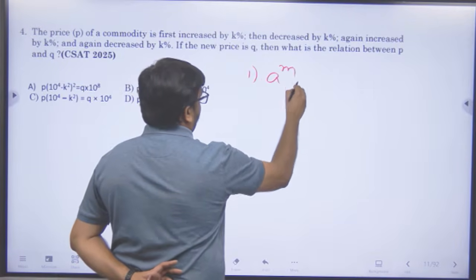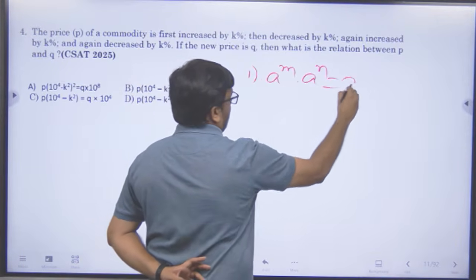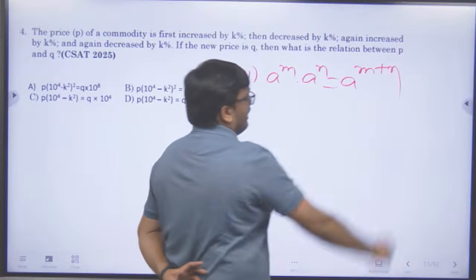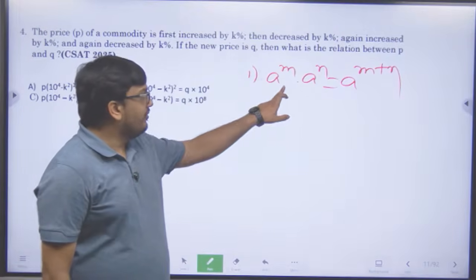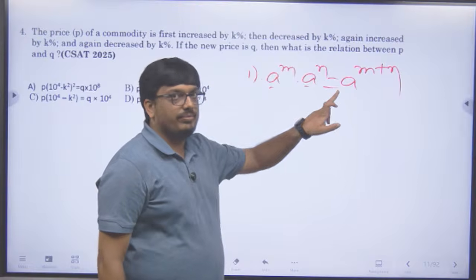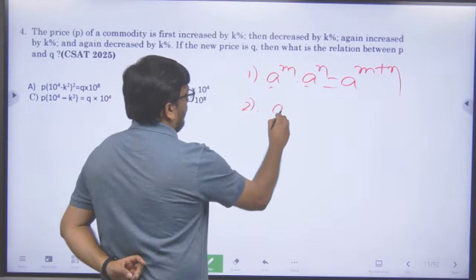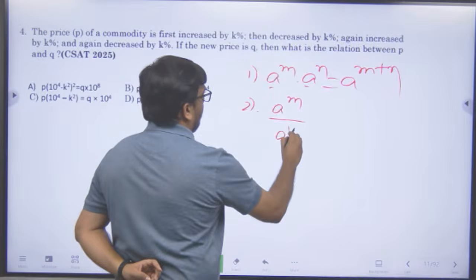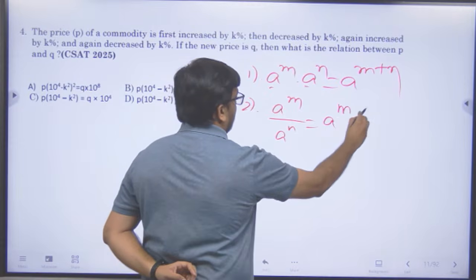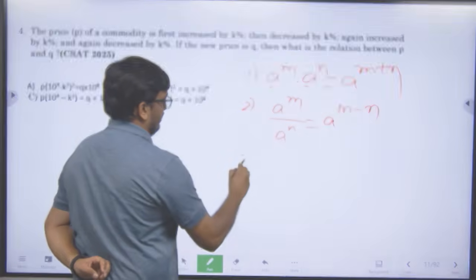A power m into A power n can be written as A power m plus n. If bases are same, powers can be equated or added. A power m divided by A power n, you can write it as A power m minus n.